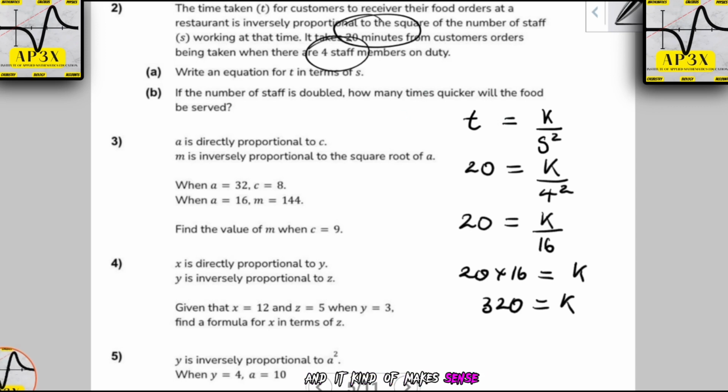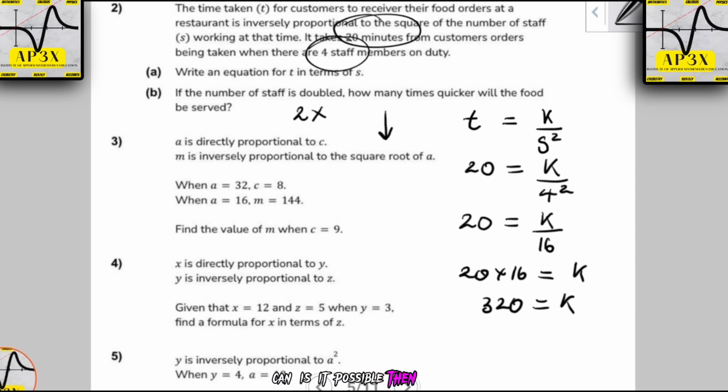And it kind of makes sense, because if it's inverse variation, if one quantity is doubled, then the other quantity is going to go down by the inverse of what causes the quantity to increase. So therefore the inverse of 2 is going to be equal to a half. So this is more of an intuitive type question.